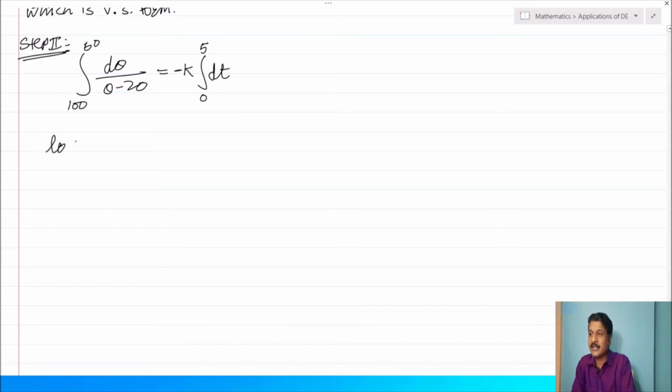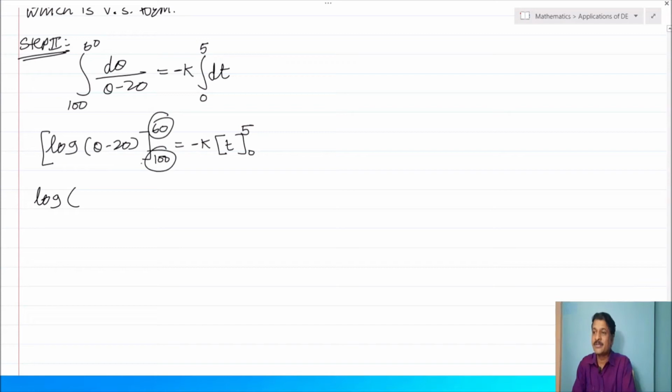It's an integration of d theta upon (theta minus 20). It is log of (theta minus 20). Here lower limit 100, upper limit 60. That is equal to minus k t, from 0 to 5. So I am getting here log of upper limit. So these are the limits of theta. So 60 minus 20, so I am getting here log 40 minus log of (100 minus 20), it is 80, that is equal to minus k into 5.